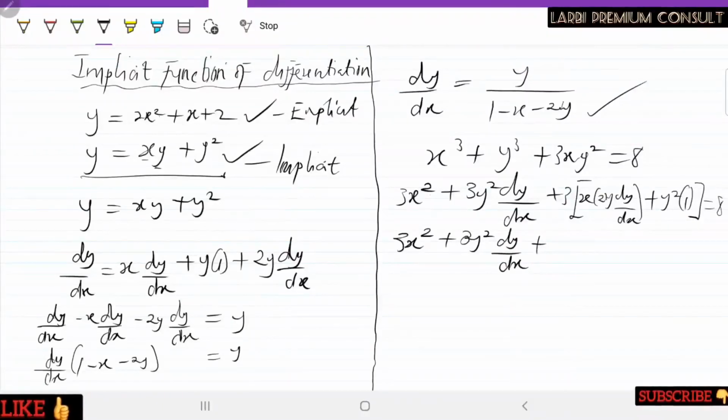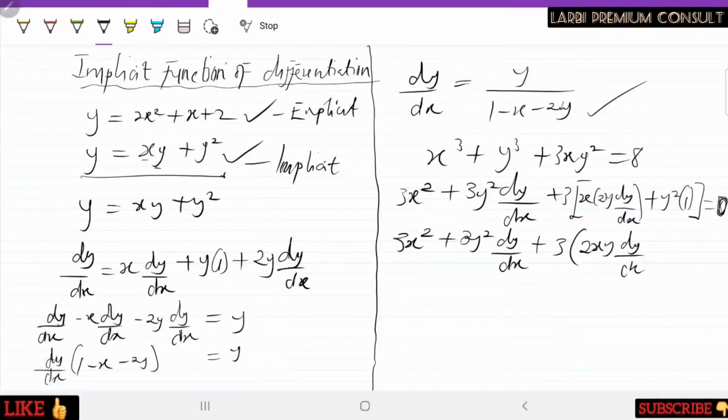Now let's expand the bracket here, or let's do with it first before we expand. So it becomes what? Remember, when I differentiate constant, it's going to be 0. So here should be 0, not 8. Take note. 0. So here is going to be 2xy dy over dx.